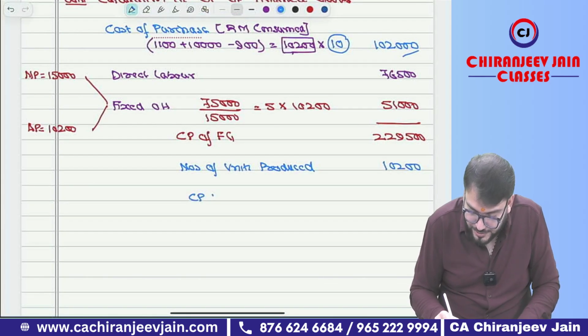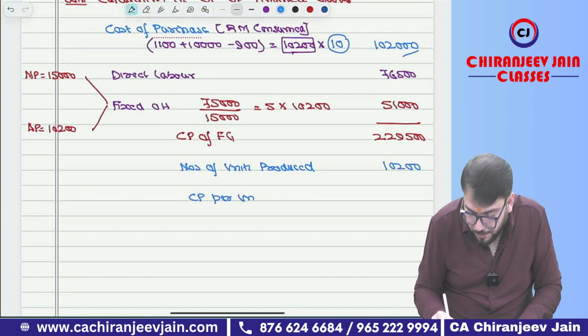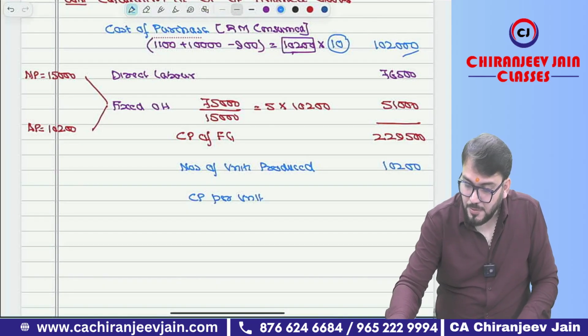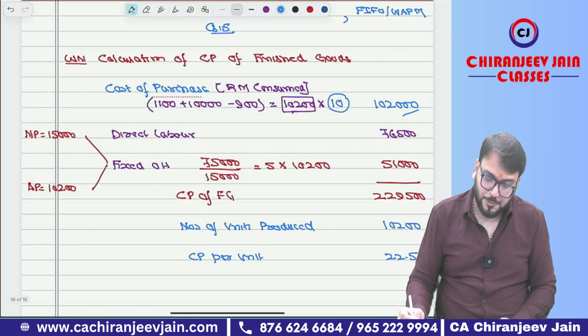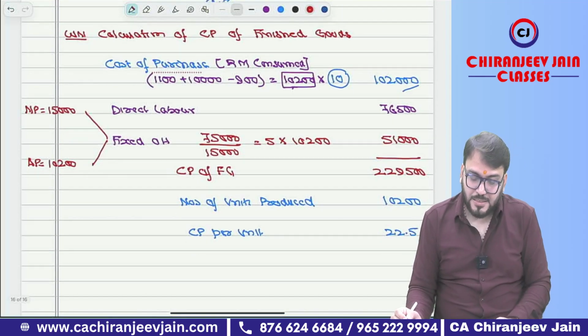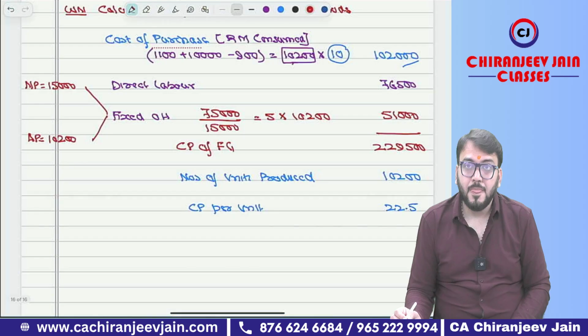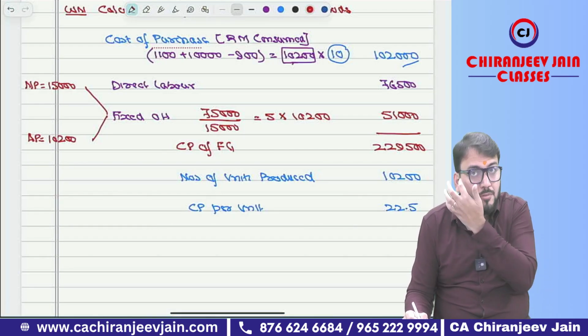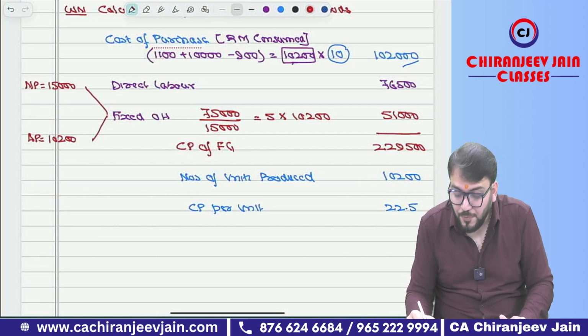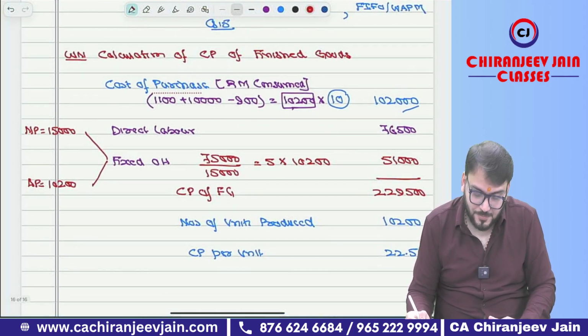What is the cost price per unit? 2,29,500 divided by 10,200 is equal to 22.5. This is the first working note. Understood? Any doubt?